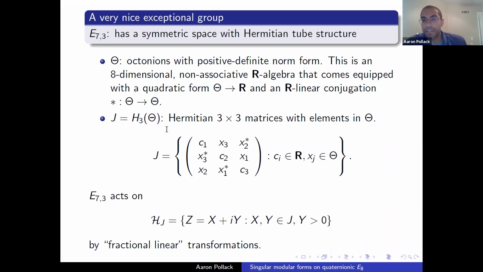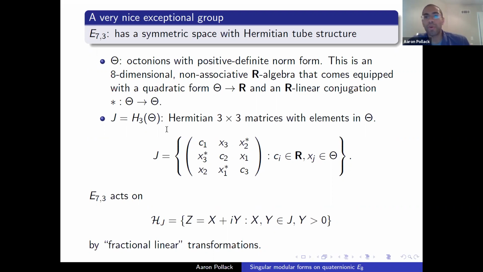Out of these octonions, you can define what's called the exceptional cubic norm structure. I've denoted that by J, and this is the Hermitian 3x3 matrices with elements in this octonion algebra theta.